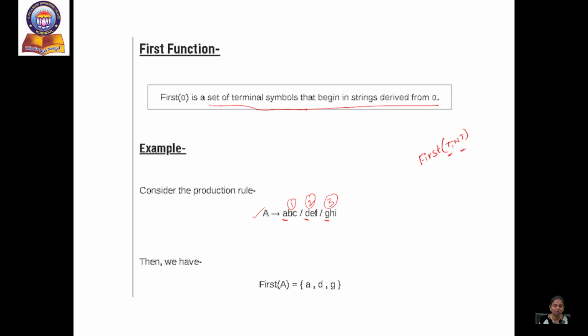The first character of each production will be considered in the first function of that non-terminal. So the first function of A will become A, D and G. However many productions there are for one non-terminal, in each production the first character will be considered, and these characters are separated by commas.